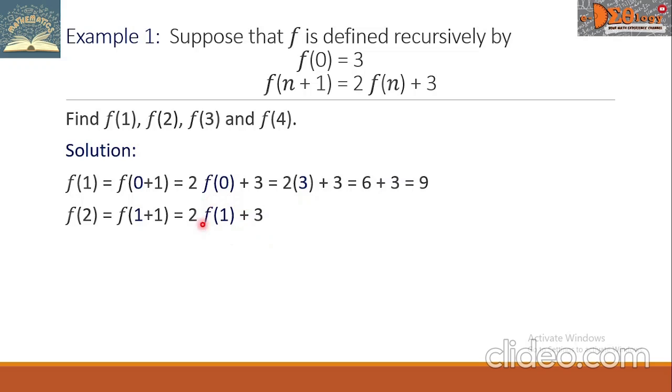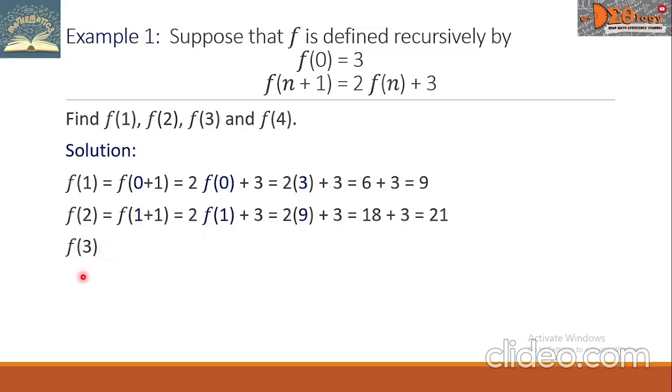The value of f of 1 we derived as 9. We substitute it here. So we have now 2 times 9, then plus 3. The product is 18, then plus 3, so the sum is 21. This is the value of f of 2.